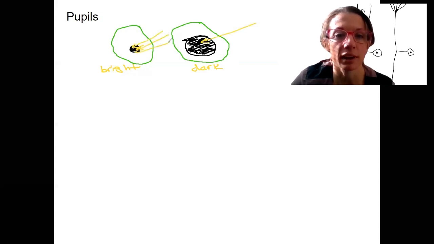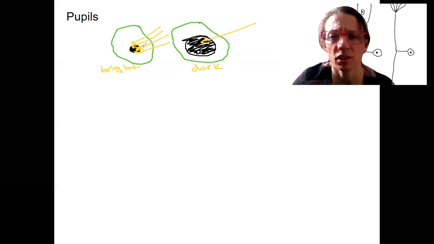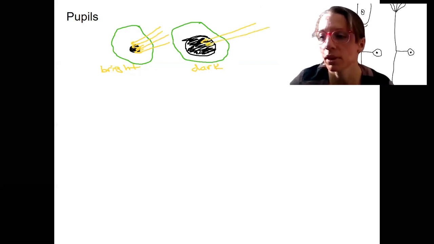And this is a reflex response to regulate how much light enters the eyes. It can be damaging to your eyes to have too much light enter. So this keeps too much from entering the eyes and allows you to see better in dark conditions.